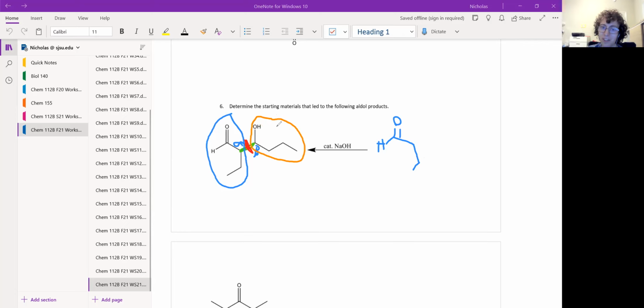So where this alcohol is in this structure, that's where a carbonyl was in the starting material. So if I replace the alcohol with a carbonyl, you see you have an aldehyde. That was what was in the starting material.